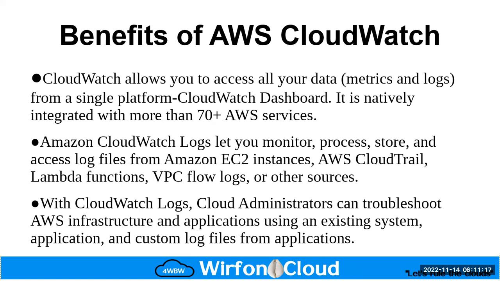Also, cloud administrators can troubleshoot your AWS infrastructure and the applications running on it. Each application that you run has log files being centered in your CloudWatch logs. As an administrator, you can go in there and look at what is happening if you have issues with your infrastructure.